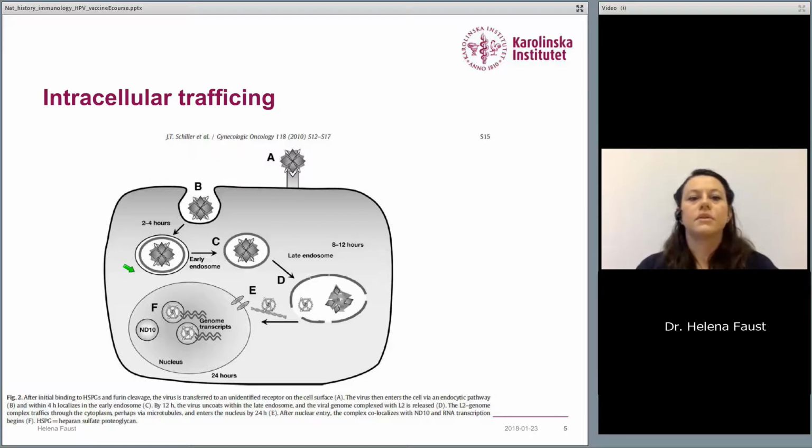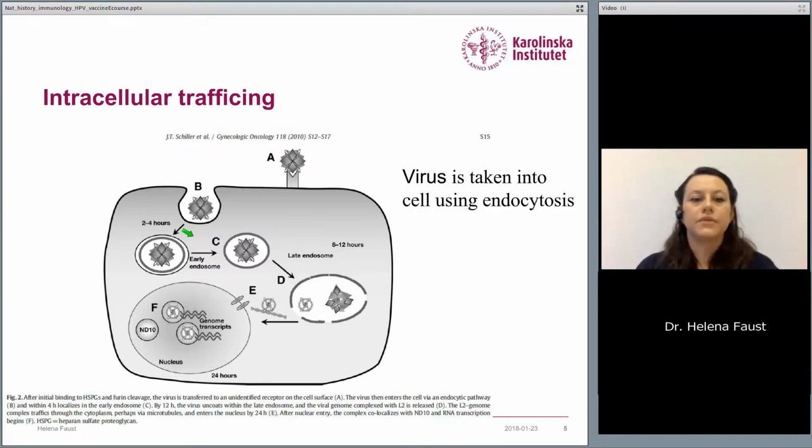So how does the virus get into the cell? First of all, we have to know that this virus has to actually end up in the nucleus, because there the replication and transcription take place. The virus binds to a receptor, so far unknown, and is trafficked in endosomes.